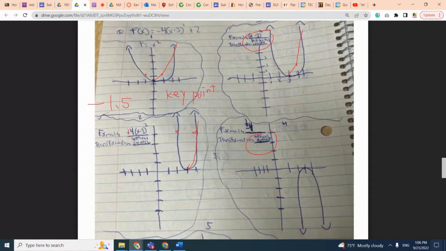Okay, so here we have the key points. They are 0, 0, 1, 1, and minus 1, 1. Okay, and then here label them, and then you see how those points change. That's why if you don't put the important points, I can't tell how it changed. See, just look at this picture. It looks like it passed through this point, this point, this point. It's so vertical.